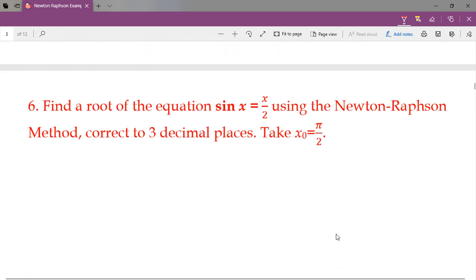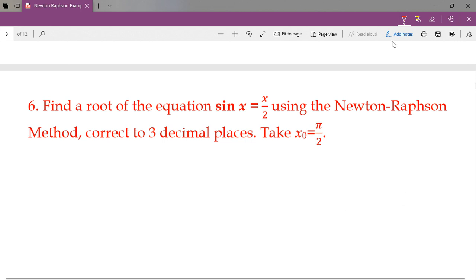That is example number 6. Find a root of the equation sin x is equal to x by 2 using Newton-Raphson method corrected to 3 decimal places, and take x naught is equal to pi by 2. Already they have given the initial value. So how to do this now?